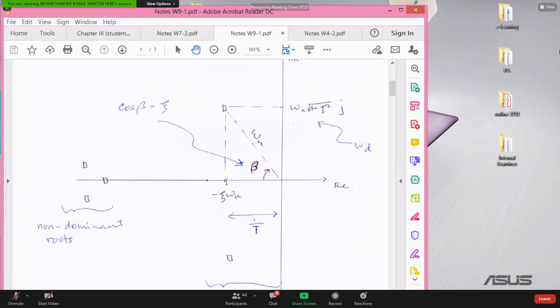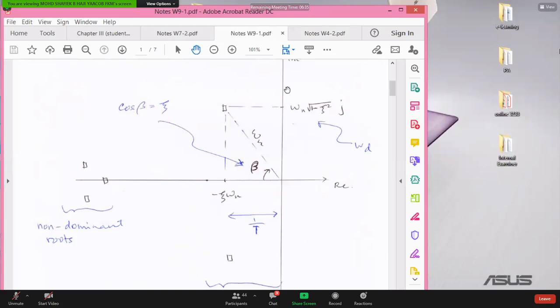The real part of the root is negative zeta omega n. From here, we can get the time constant: 1 over zeta omega n, 1 over the real part of the roots. So the further away you are, the smaller the time constant becomes. That is why the root that is further away is called the non-dominant root.